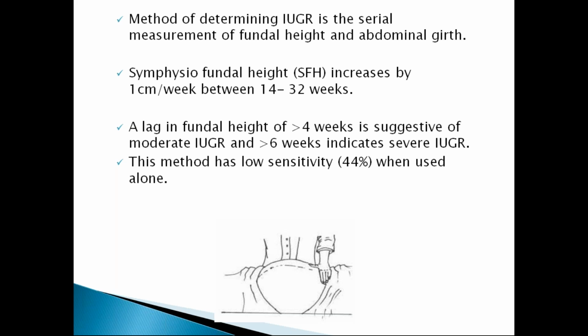The symphysis pubis is just palpable at 12 weeks, the umbilicus at 24 weeks, and the xiphisternum at 36 weeks. In term pregnancy it will come down to 32 to 34 weeks.